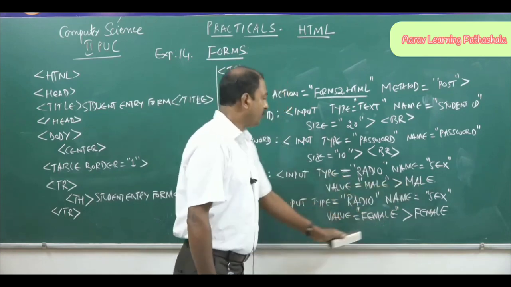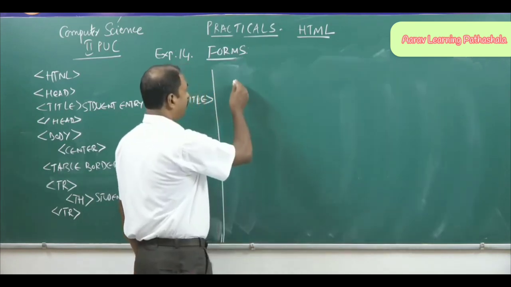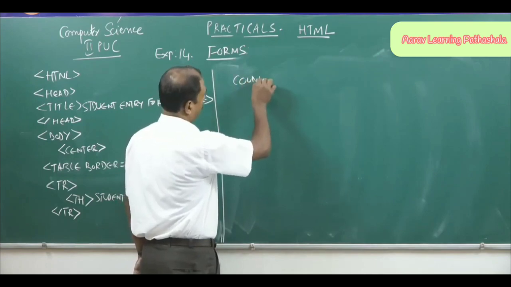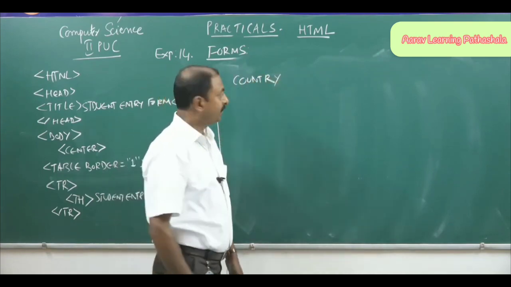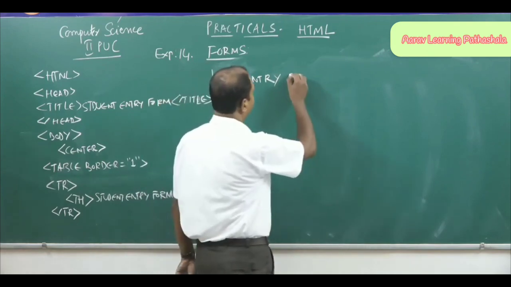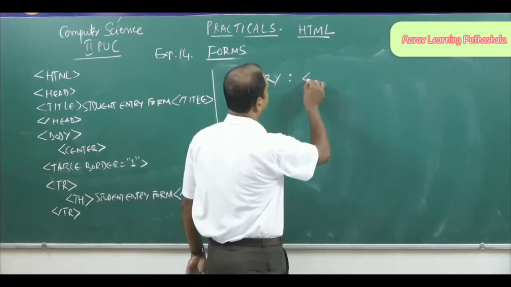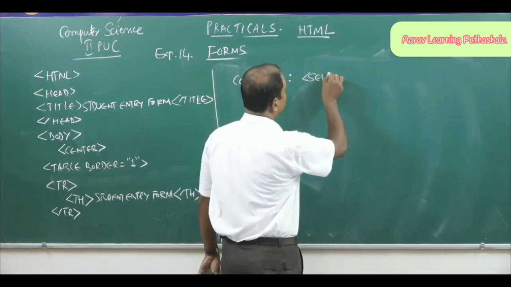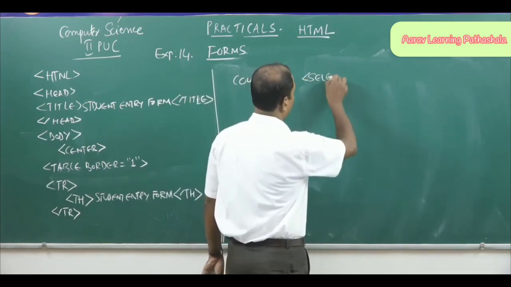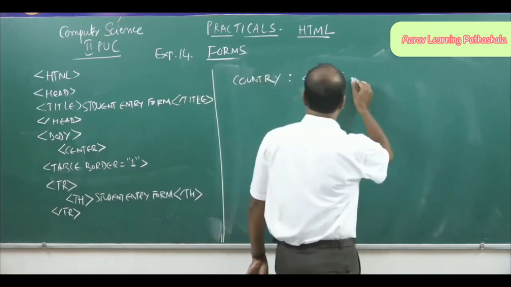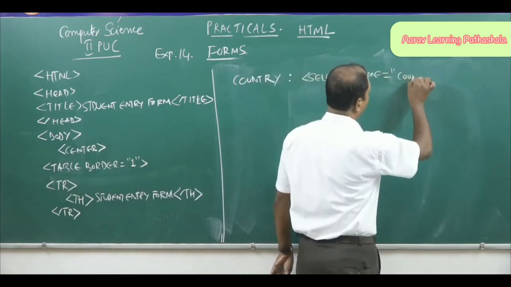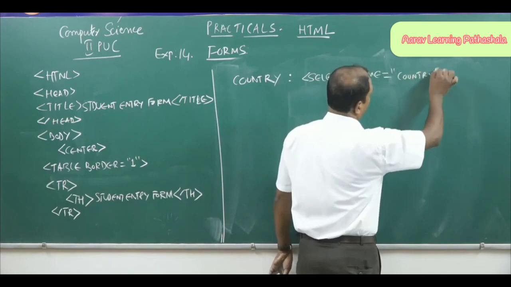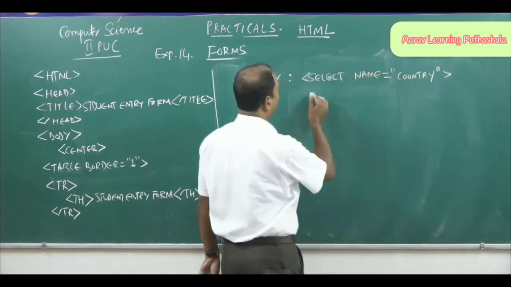The next element is for the drop down menu. This is one of the form elements. You will write like this: country colon. Here we are using the select tag, select space, name equals country, closing the select tag, and here it starts with option.